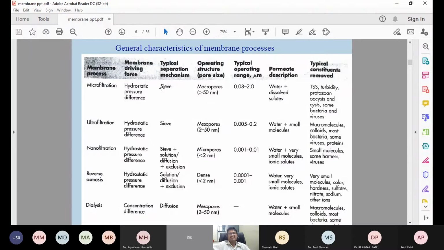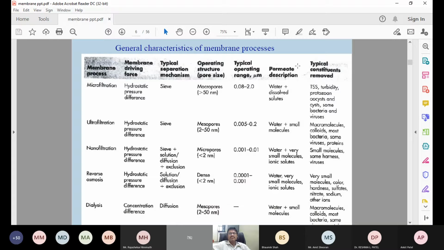If you sieve it with a very fine sieve, the coarse particles will be separated. That type of system is there: whatever solids are larger than the pores will be separated, they cannot pass through the membrane. The pore size is greater than 50 nanometer, and the operating range is generally 0.08 to 2 micrometer.